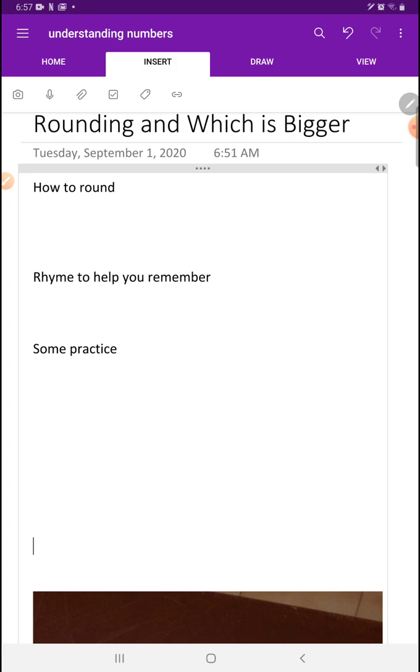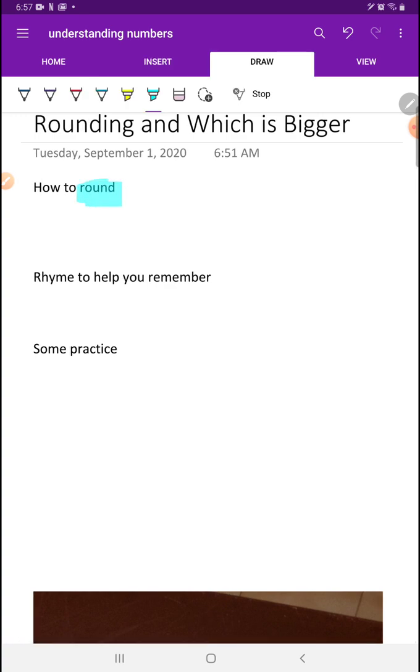So we're going to talk about rounding. Now, rounding is just the process of finding the nearest 10 or nearest 100 or the nearest 1,000 or the nearest 10,000, etc. Okay? So what that means is if we're finding the nearest 10, we're either going to do 10 or 20 or 30 or 40 or 50 or 60 or 70 or 80 or 90.